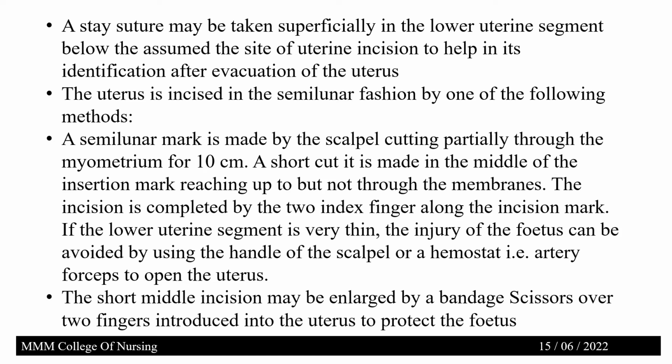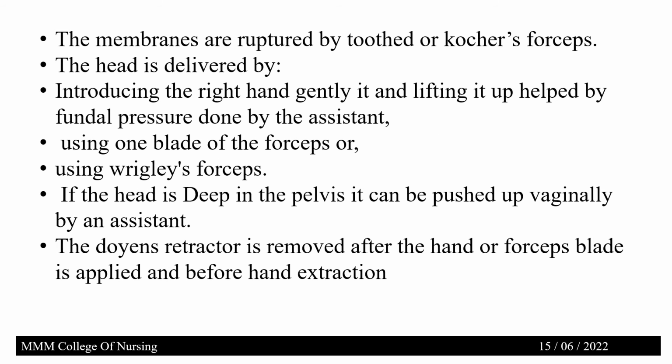If the lower uterine segment is very thin, injury to the fetus can be avoided by using the handle of the scalpel or a hemostat, that is artery forceps, to open the uterus. Next, the short middle incision may be enlarged by bandage scissors over two fingers introduced into the uterus to protect the fetus. Next, the membranes are ruptured by toothed or Kocher's forceps.